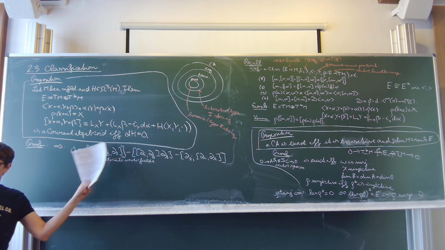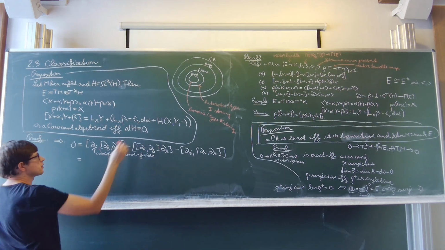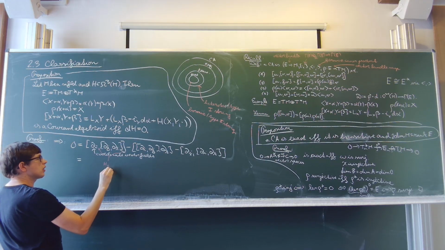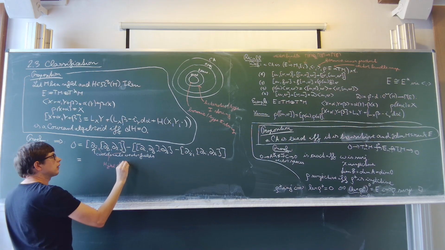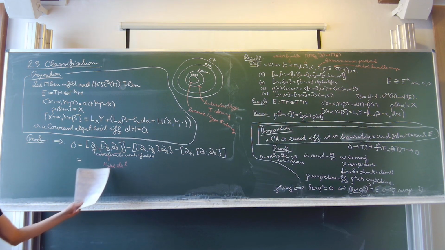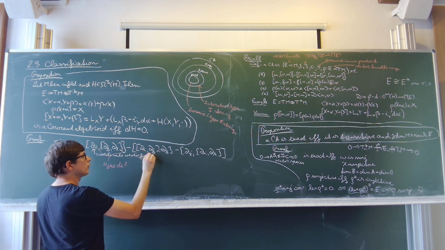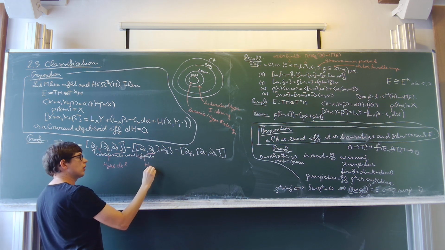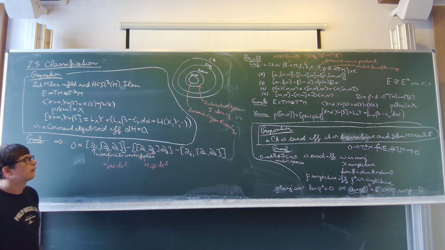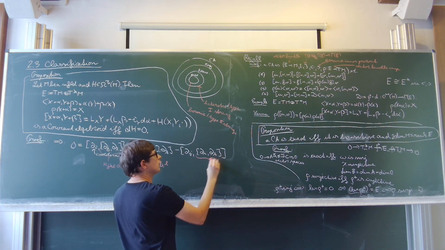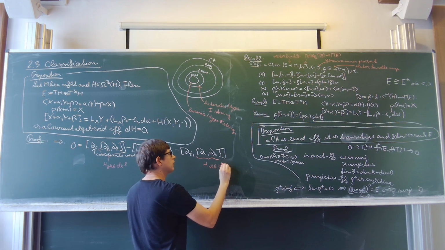That's the reason why I picked the coordinate vector fields. But this thing contributes. So this thing is actually H_jkl dx^l, if I use this dual basis, and you get the same thing here. This thing here is H_ijl dx^l, and same here, H_ikl dx^l.